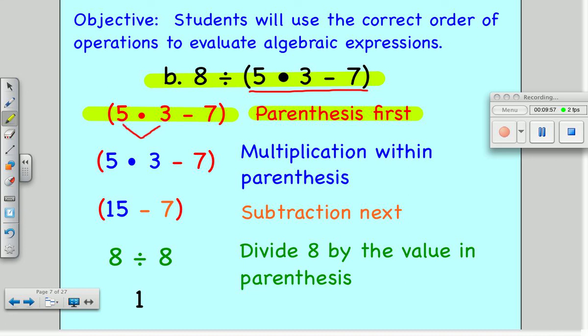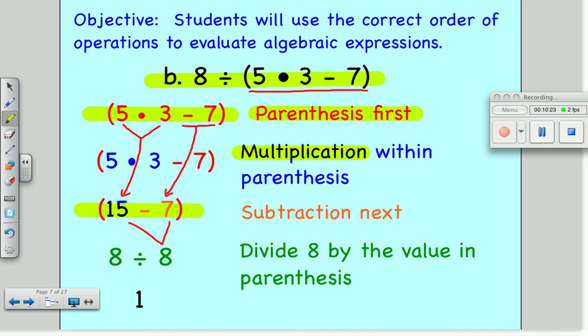And then my minus 7 is written here. So that becomes 15 minus 7, right? And that was when I did the multiplication. Now I'm going to subtract 15 minus 7, and that gives me 8. So 15 minus 7 is 8. And I divide.